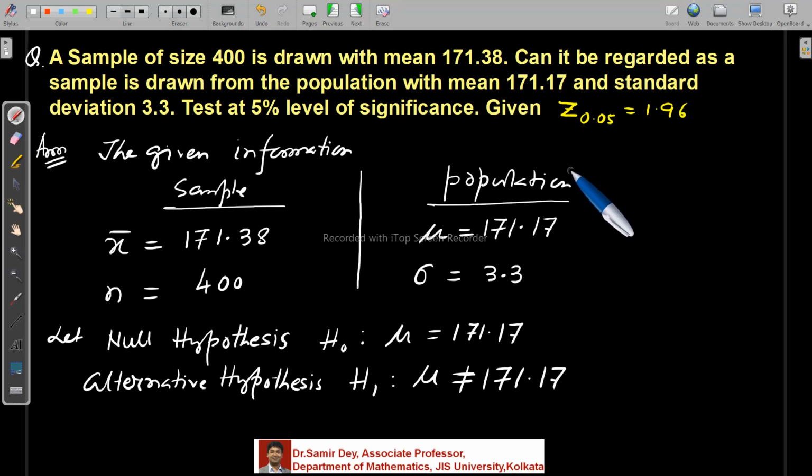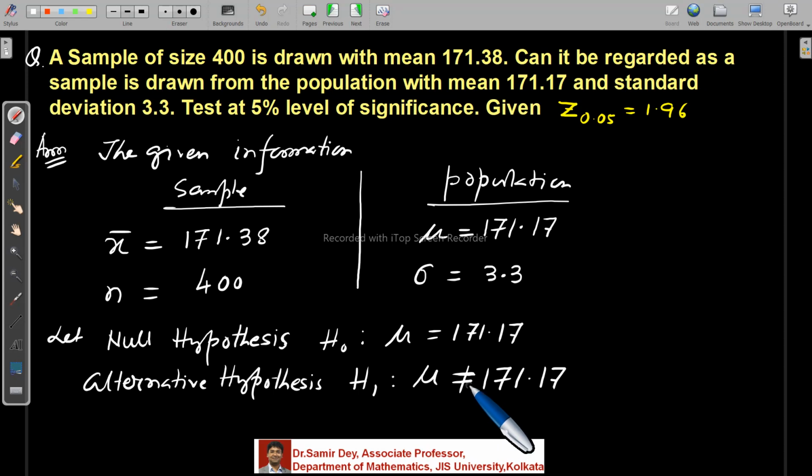First step is all about the information, sample wise and population wise. Okay, after that you need to write null hypothesis and alternative hypothesis. Already I have mentioned that null hypothesis and alternative hypothesis are totally based on the population. Null hypothesis, which one is given? So here population mean is given. The alternative hypothesis is reverse of that.